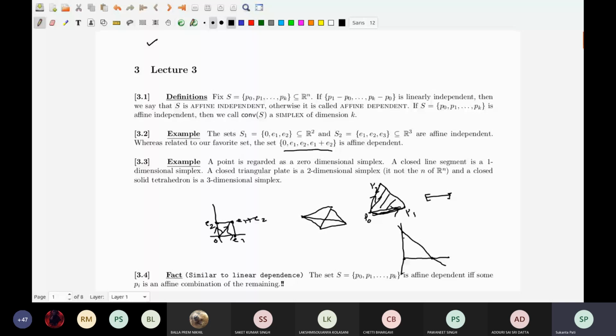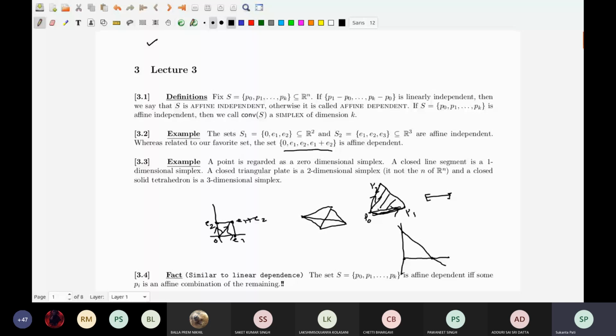Now there are 3 points E1, E2, E3 in this plane. To say that they are affine independent basically means that if you view these 3 points like a triangle, as a collection of vectors, making yourself stand at one corner, one point, and you see these vectors are linearly independent, that's when you say it is affine independent.